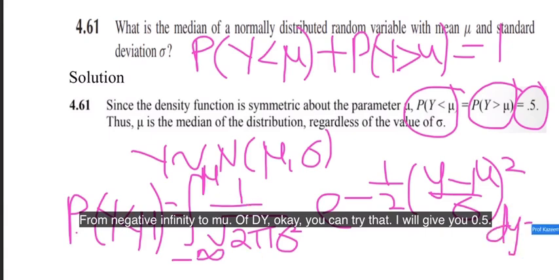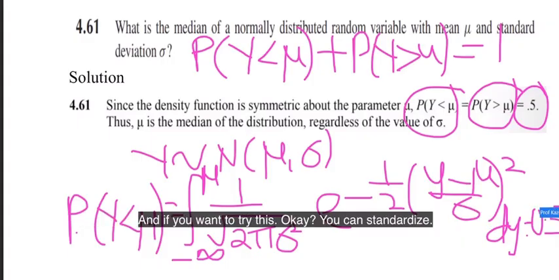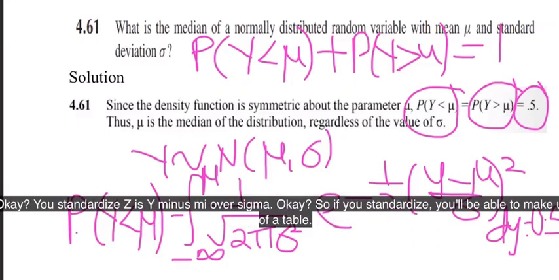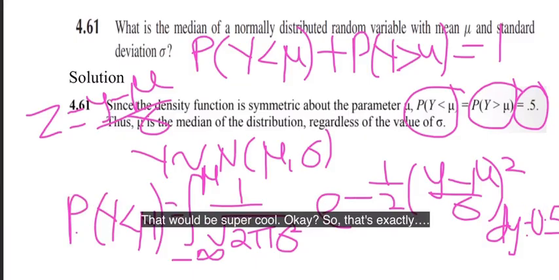You can try that. It will give you 0.5. And if you want to try this, you can standardize: z is y minus mu over sigma. If you standardize, you'll be able to make use of a table. That would be super cool. So that's exactly what I mean.